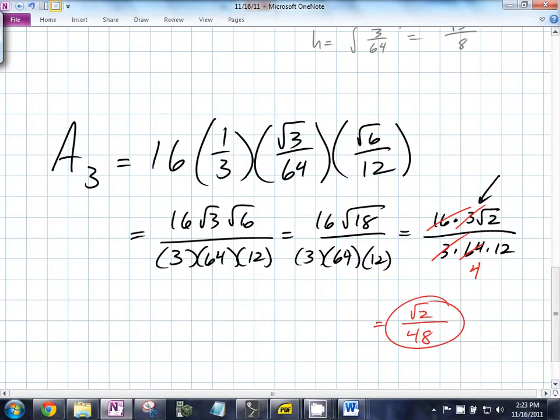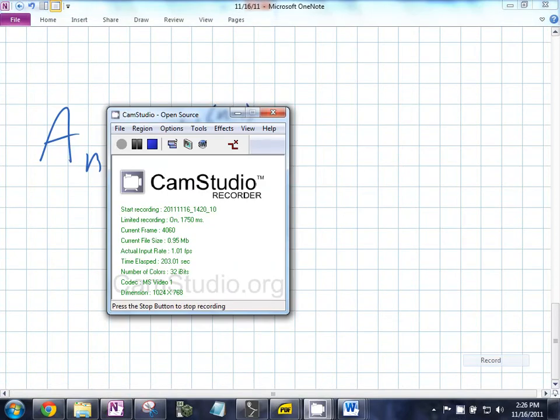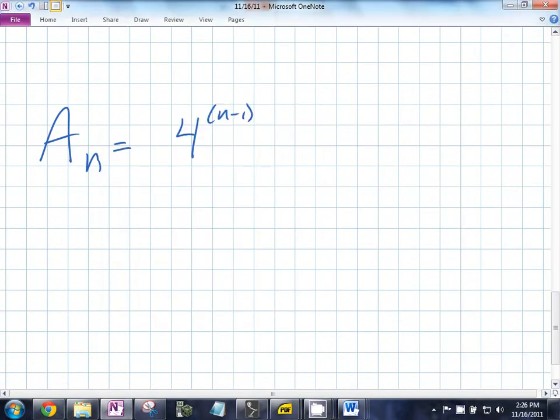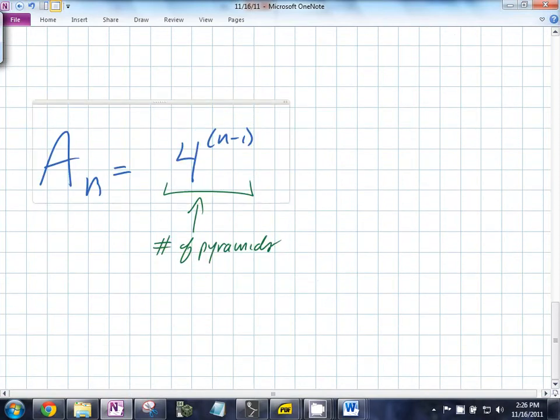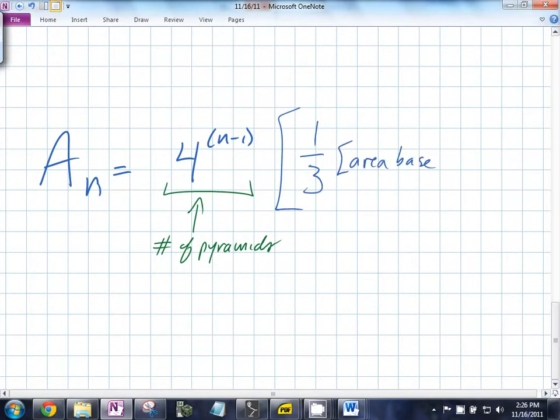Okay, so the number of pyramids. Good. Number of pyramids. Great. And then the volume of a pyramid was 1/3 the area of the base times the what? Height. Do we actually have the height?